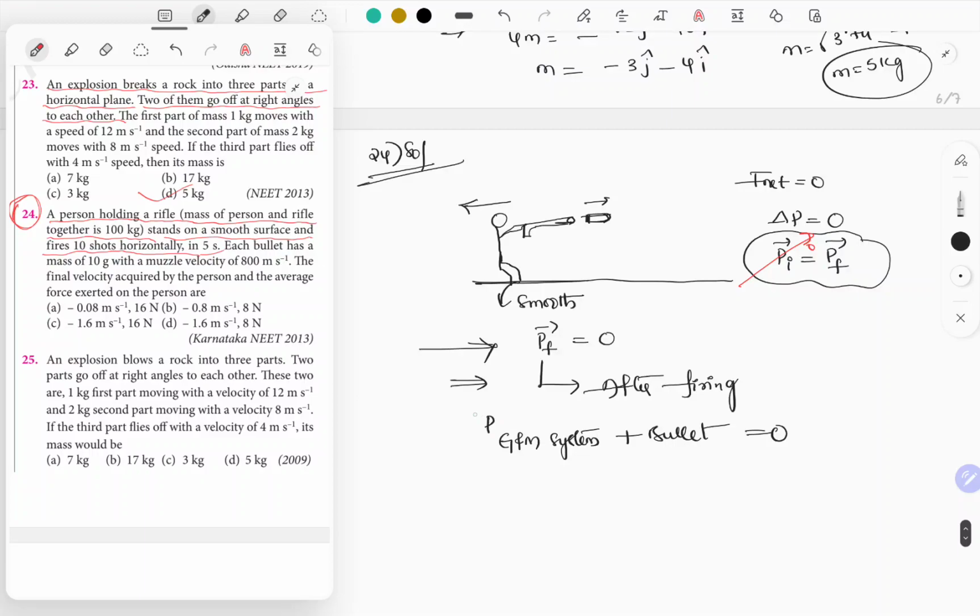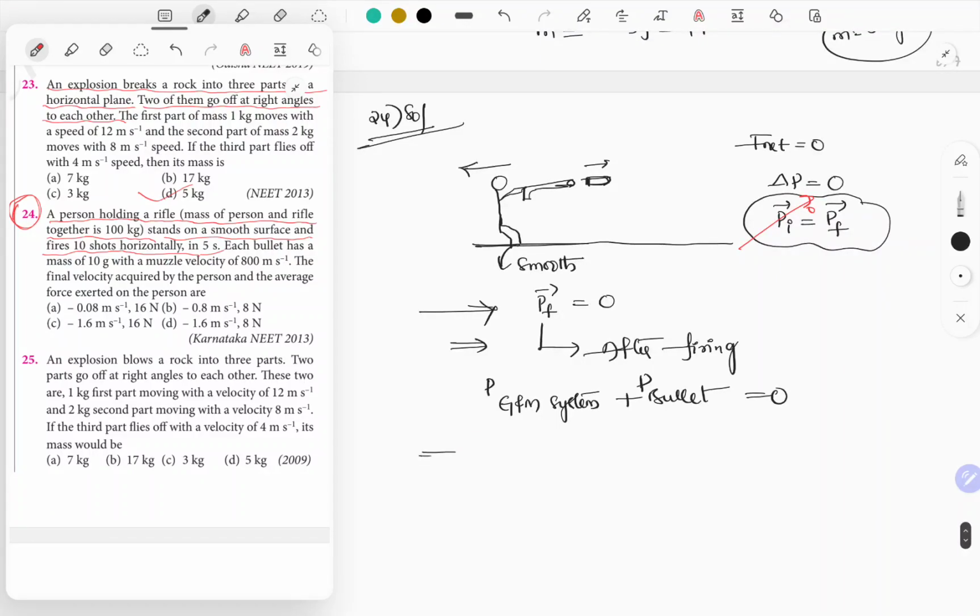Momentum of the gun and man system and momentum of the bullet is equal to 0. This is how we have to decide. Okay, so what is the mass of the gun and bullet? So you are releasing only how many bullets? 10 shots, in the sense 10 bullets you are releasing. Each bullet mass is 10 grams. It is going to be almost negligible.